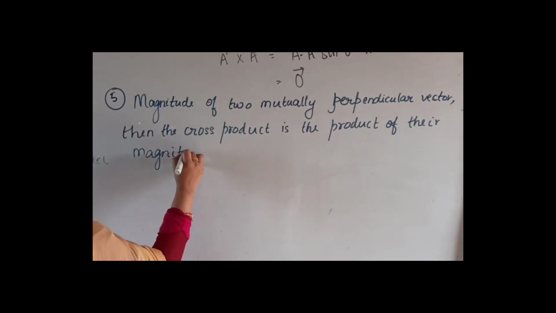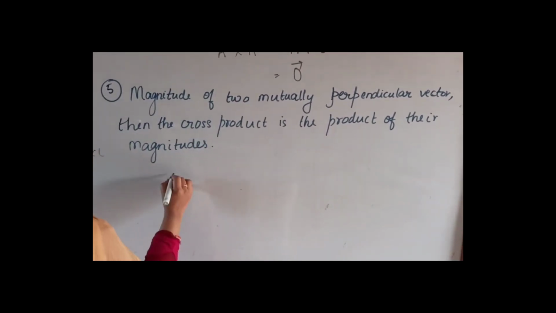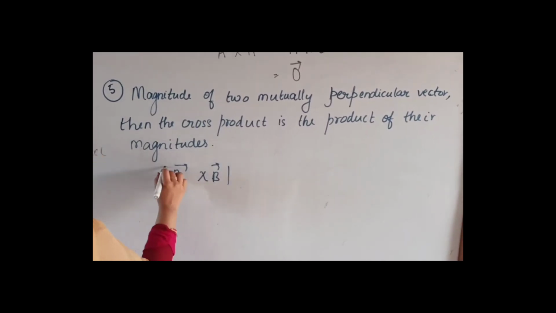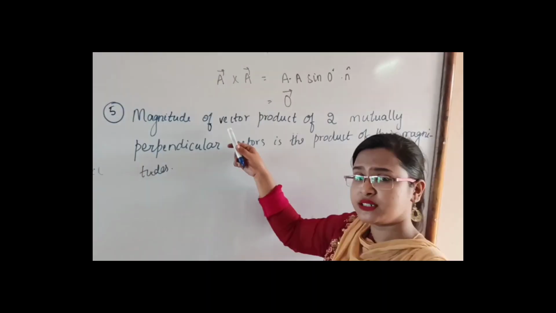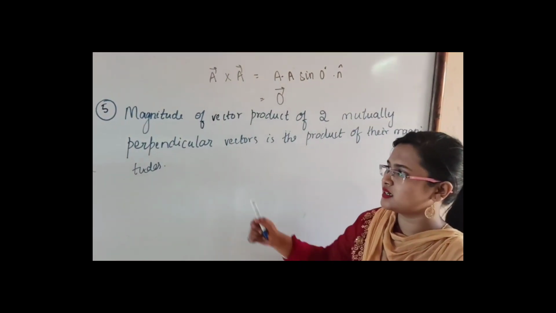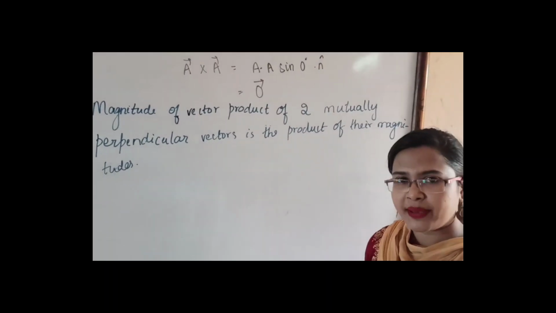That is, if I wish to find A cross B, with A vector and B vector, the magnitude of the vector product of two mutually perpendicular vectors is the product of their magnitudes.